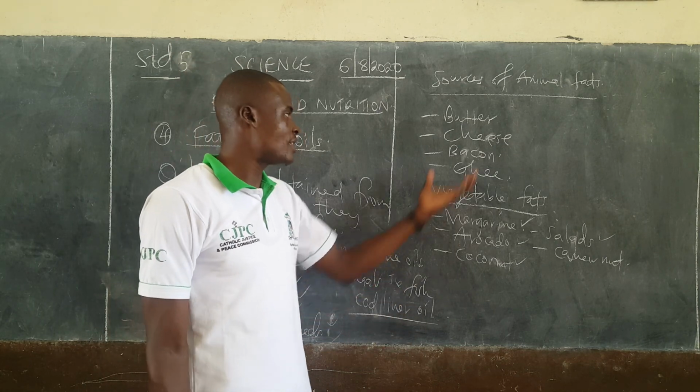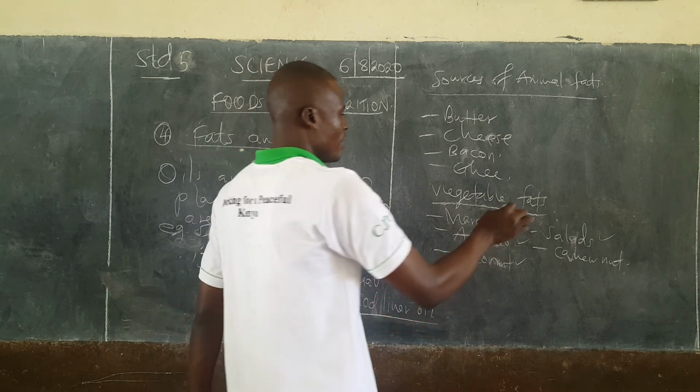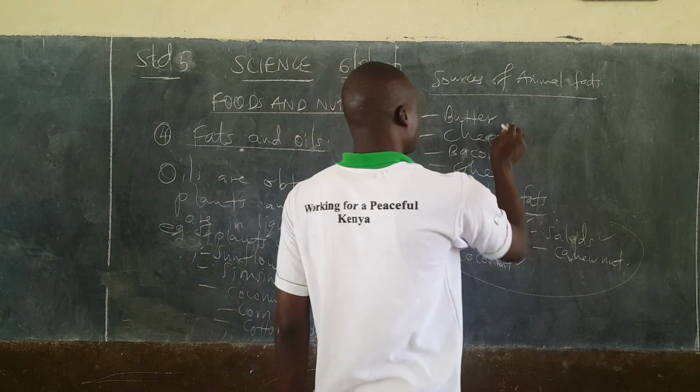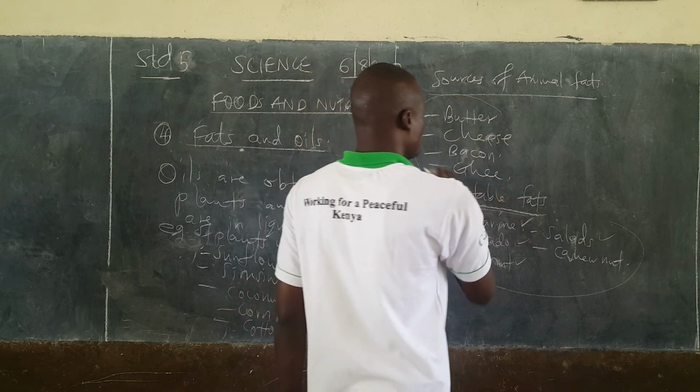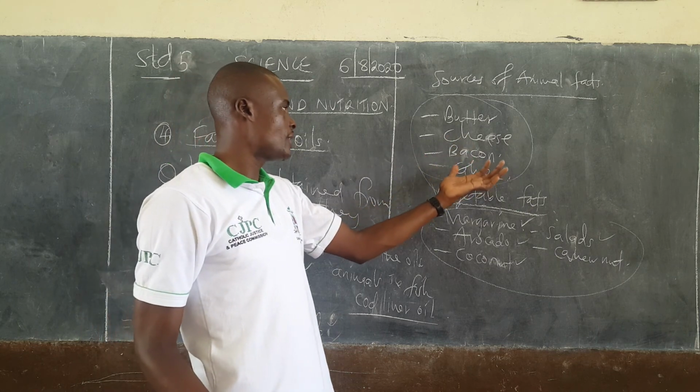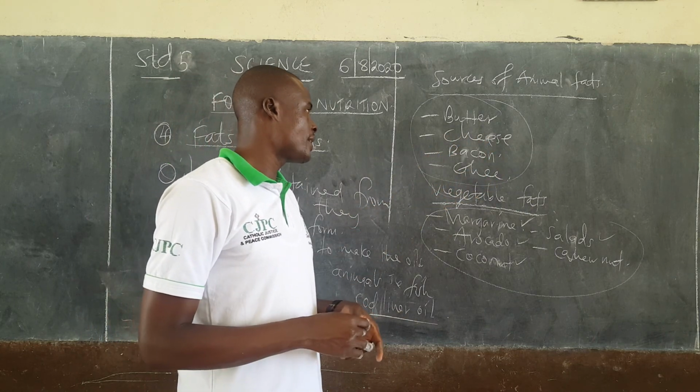The fats are the ones that we mentioned here. You remember, from the vegetables we mentioned these few, and from animals we mentioned these four: butter, cheese, bacon, and ghee.